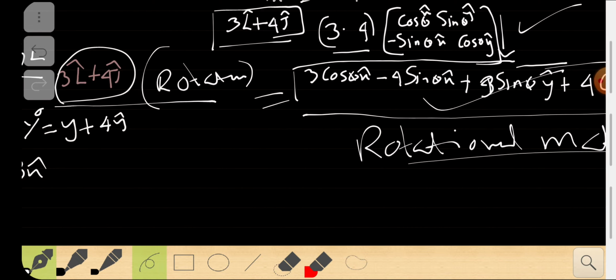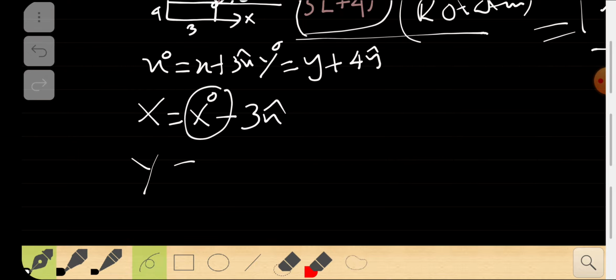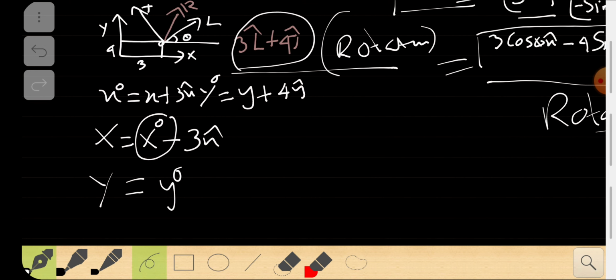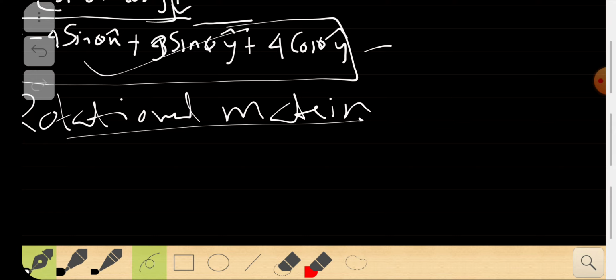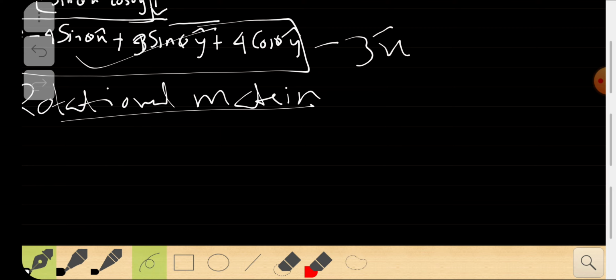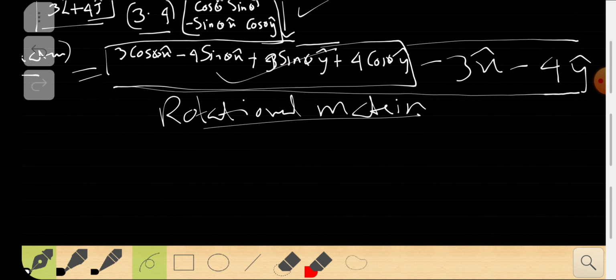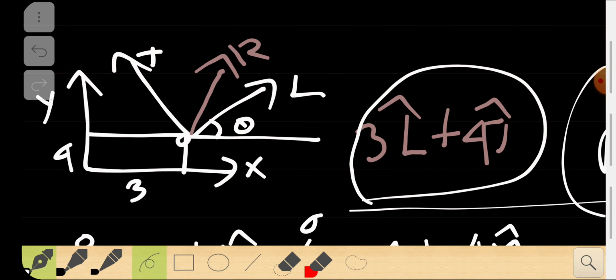After getting that, you also have to subtract y0, minus 4y cap. So all you have to do is subtract 3x cap and 4y cap from that, and you get the new vector. This is the result.